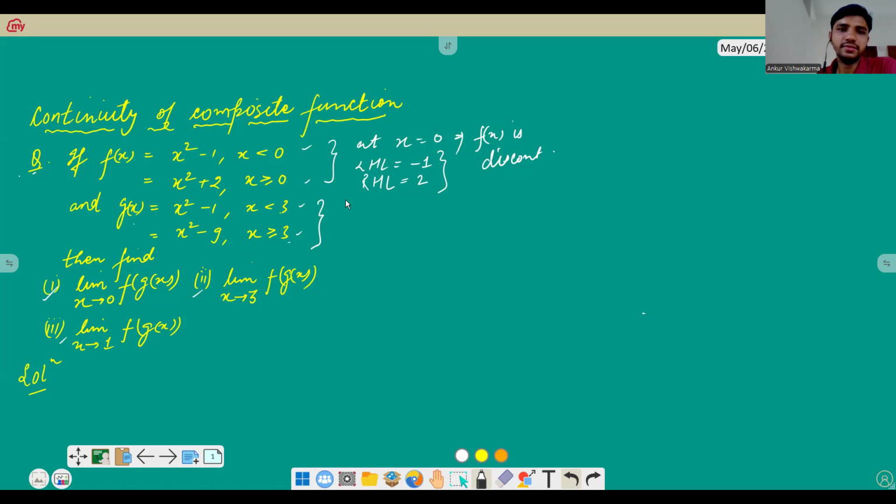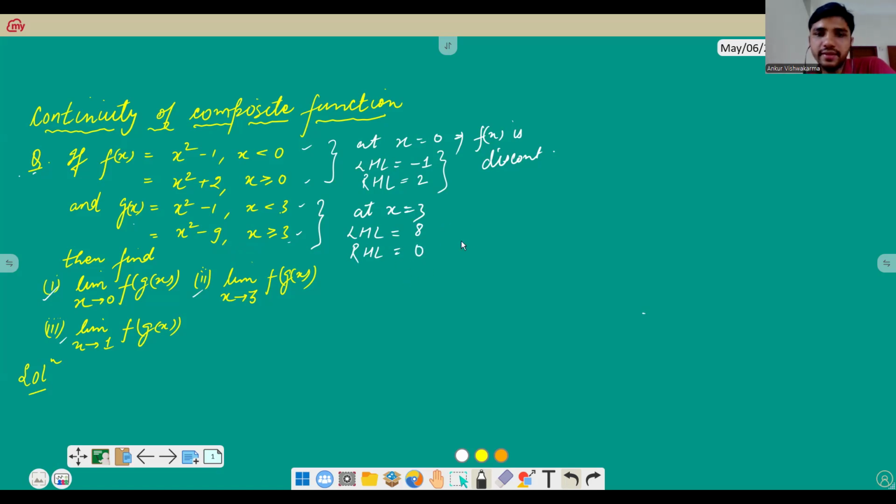What about at x equals 3? At x equals 3, when we calculate the LHL, we will use the first definition. So it will be 3 square minus 1, which is 8. When we calculate the RHL, it will be 3 square minus 9, so it will be 0.